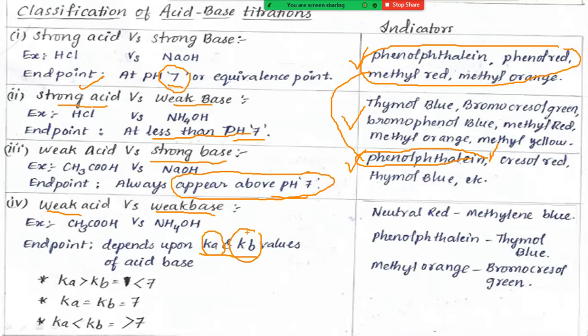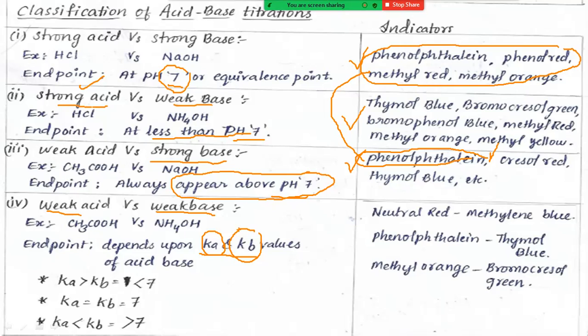Okay, so generally weak acids and weak bases have poor water solubility. That means these compounds are not completely dissolved in water. So that's why by acid-base titration it is very difficult to get the endpoint. Okay, so we can get the endpoint, but it is not clear. We get an unclear endpoint when we are using weak acid versus weak base.